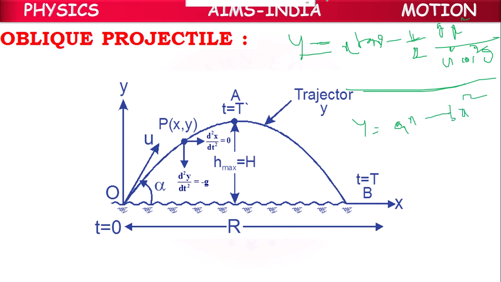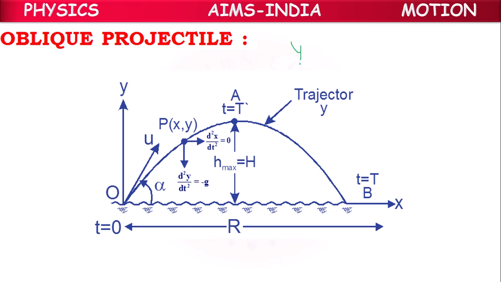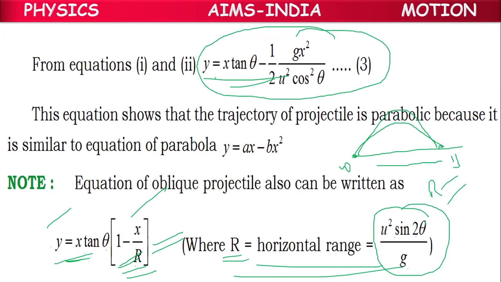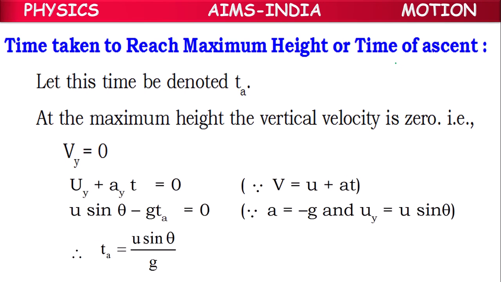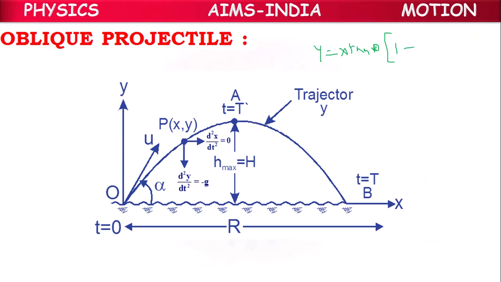Or it can also be written as y equal to x tan theta times 1 minus x by R, where R is the range, the horizontal distance traveled by the body.